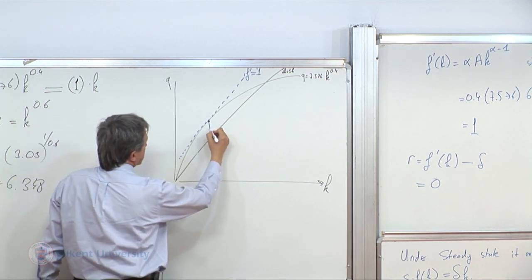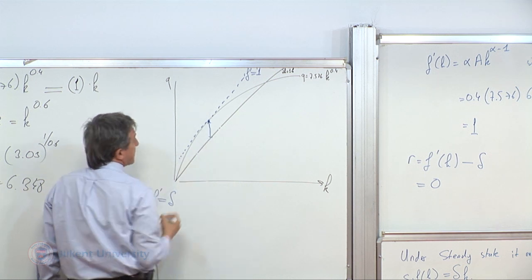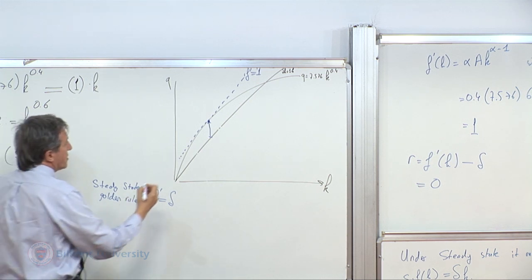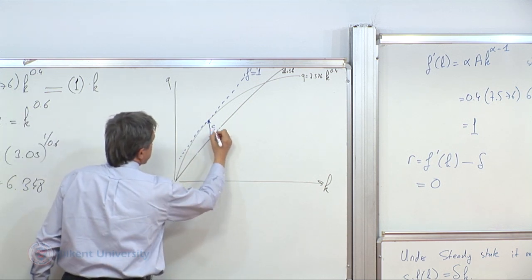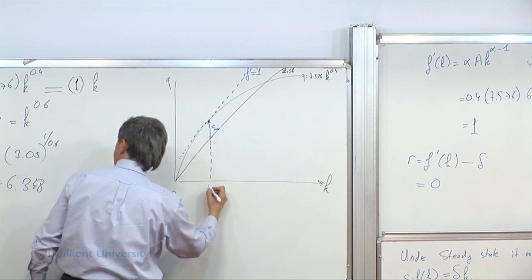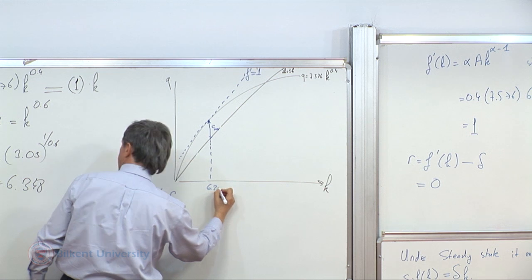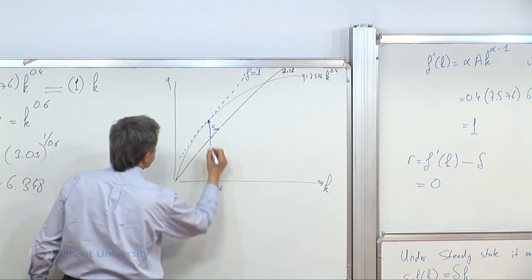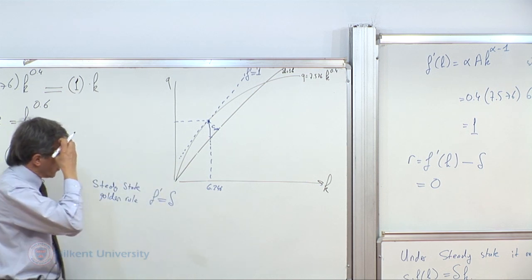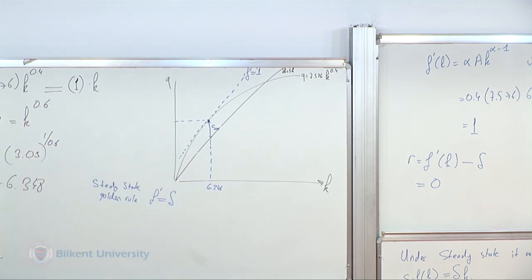And here is our maximum consumption, where the belly is at its biggest. This is my little c, maximized. You come down. This is our k, which is 6.348. And this is the output we produce. Well, how much output do we produce?